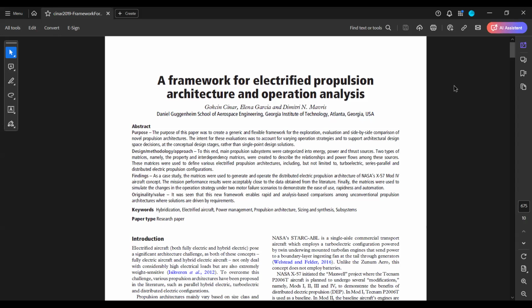This paper contains all of the detailed information about the propulsion architecture matrices I am going to show you. And the key with the work in this paper is that every propulsion architecture can be represented as a set of matrices, which comes from a graph theory inspired approach.